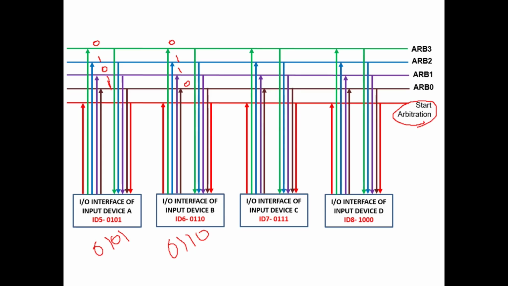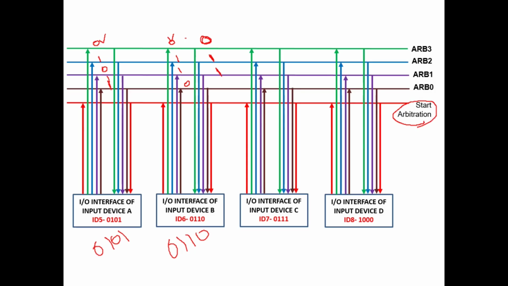Now what is the actual value of these lines? It cannot hold different bits. So the actual value of arbitration 3 is the logical OR of 2 digits, 0 and 0. So what is the actual value? Arbitration line 3 is 0. Then arbitration 2, 1 or 1, that is 1. Then arbitration 1 has 2 digits, 0 and 1; 0 or 1 is 1.